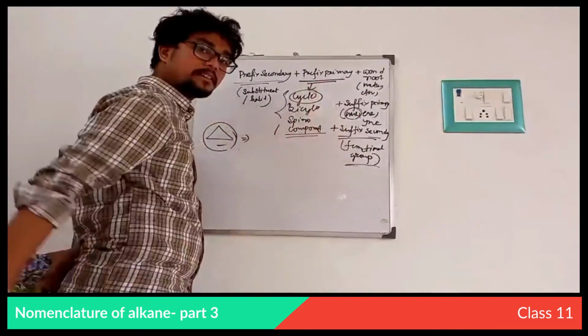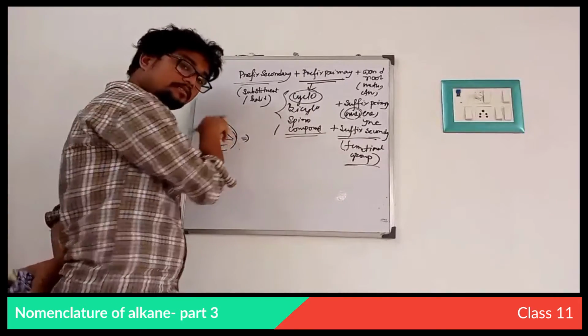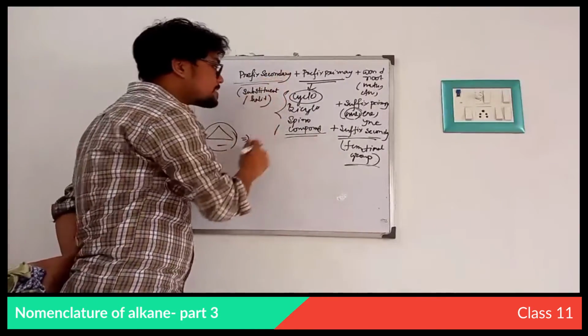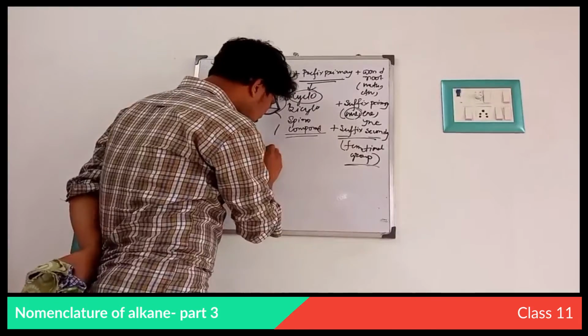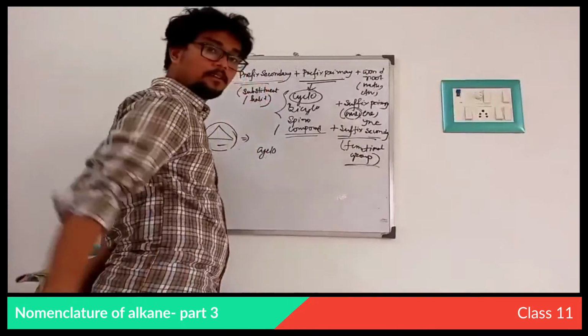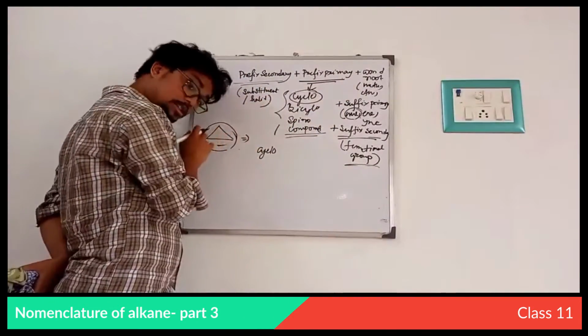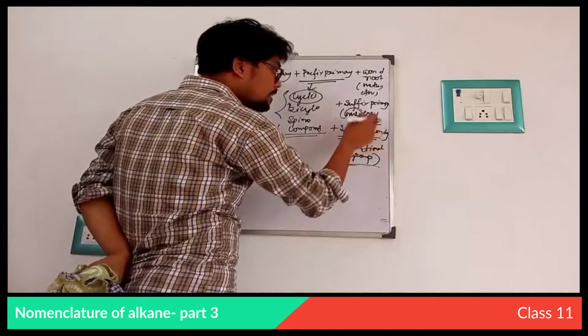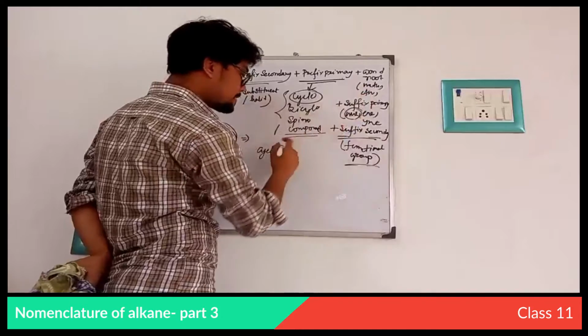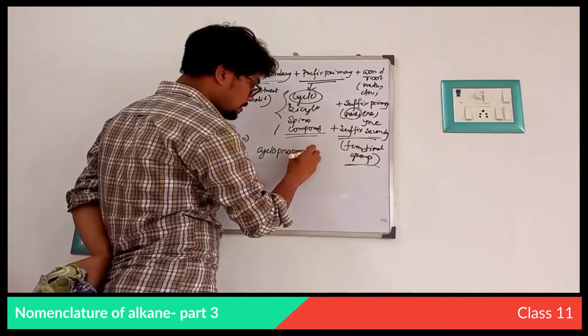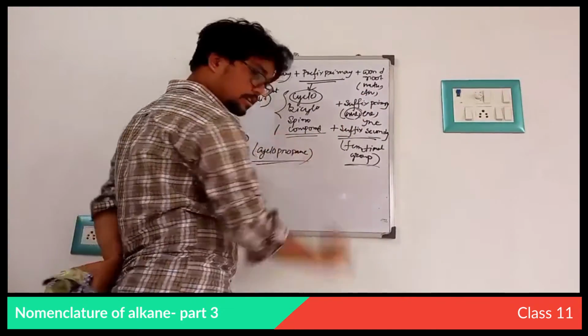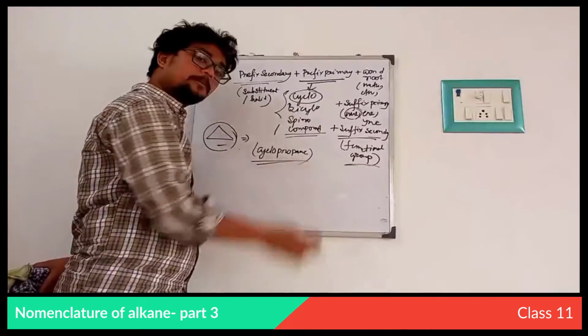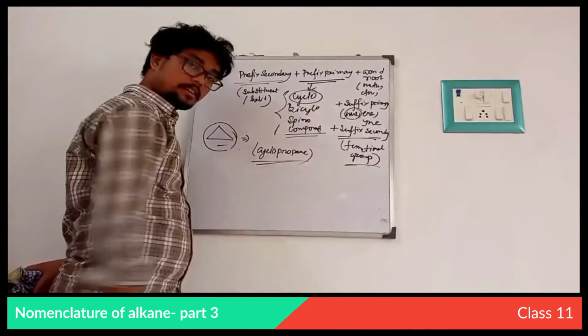So what is the prefix primary? That is cyclic compound. This is our prefix primary. So prefix primary is cyclo. Okay. Word root 1, 2, 3 carbon, that means prop. This is alkane, that is suffix primary. That is cyclopropane. That is how the name cyclopropane comes.